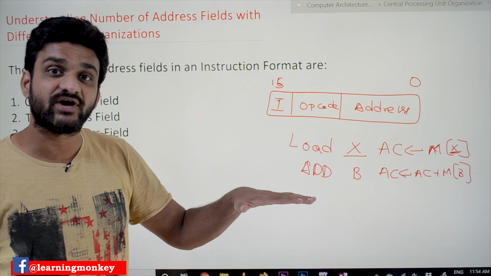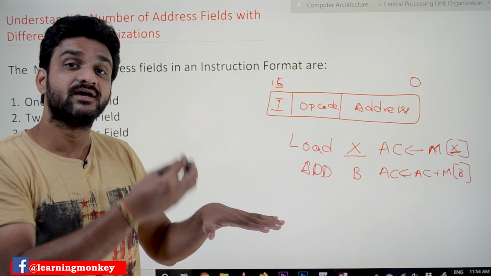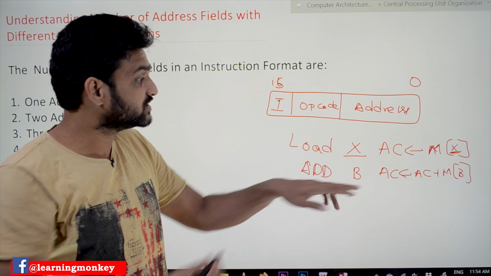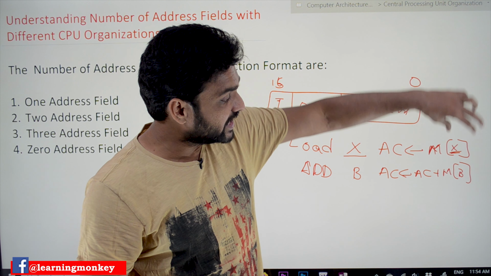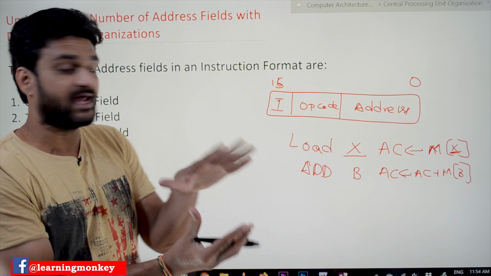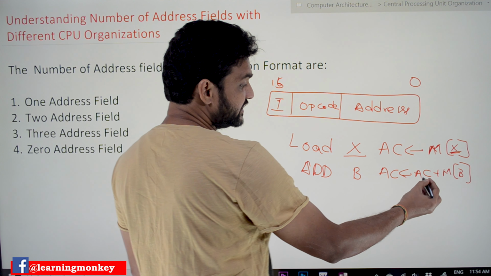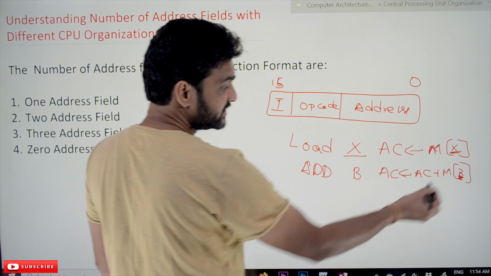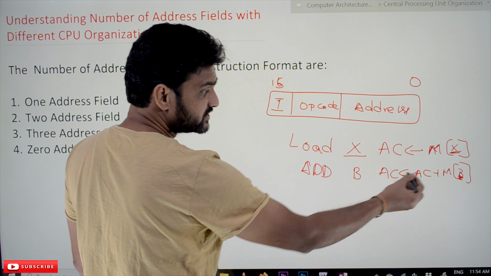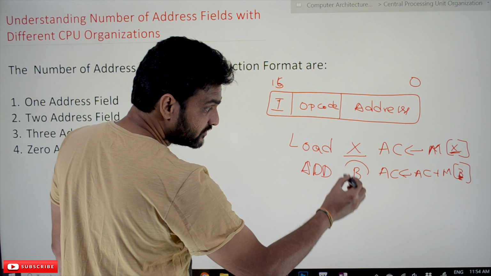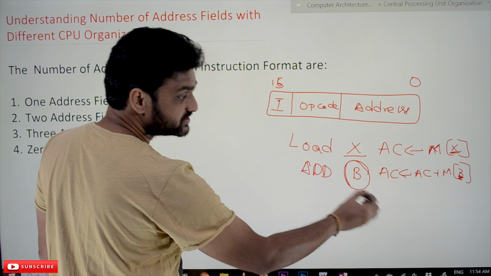The value is already there in the accumulator, and the operation is performed on the value stored in that specific memory location and the accumulator value. The result is stored in the accumulator. So here we have only a one address instruction.